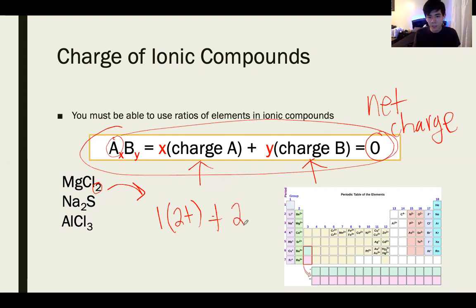So we're going to put a 2 for Y, and then the charge is -1 for chlorine. Doing the math, 2 plus -2 gives you 0. And that's how you know that it's an ionic compound, because the net charges should ultimately cancel out to 0. And you could do this again with these other compounds as well.